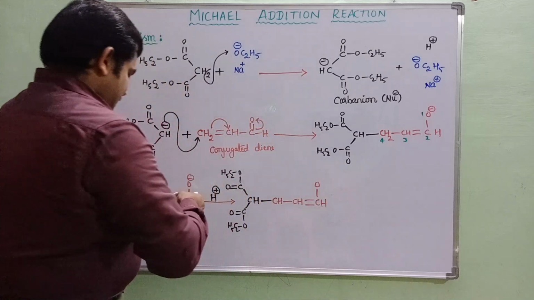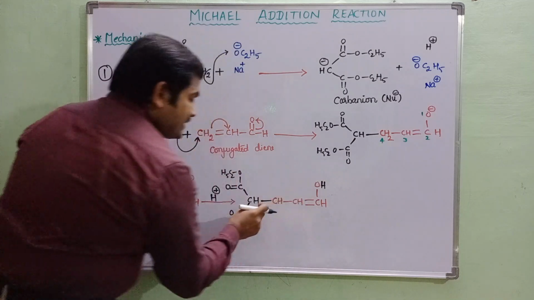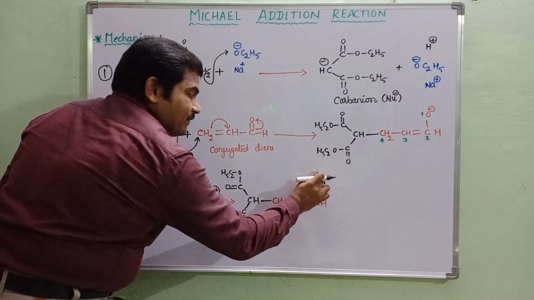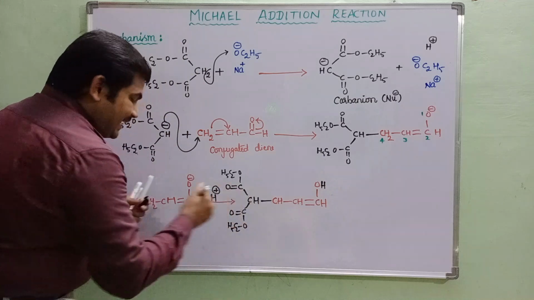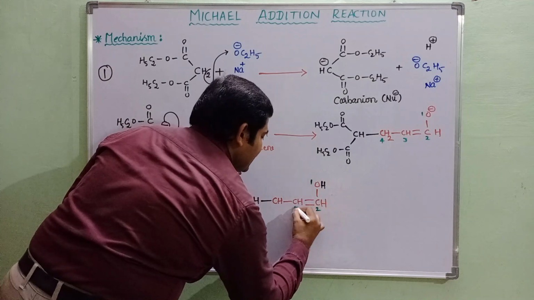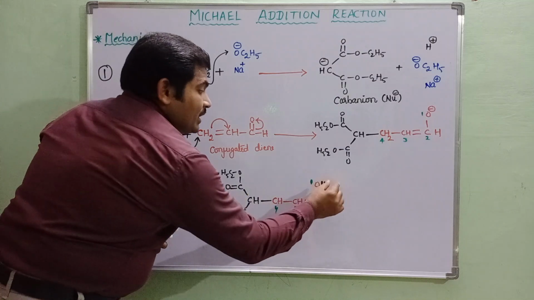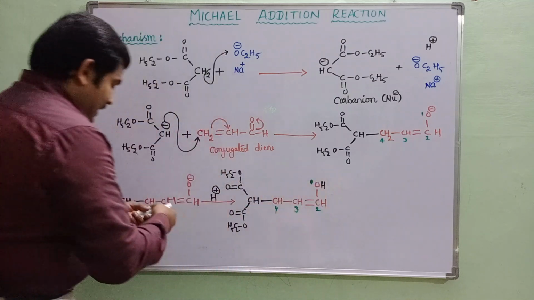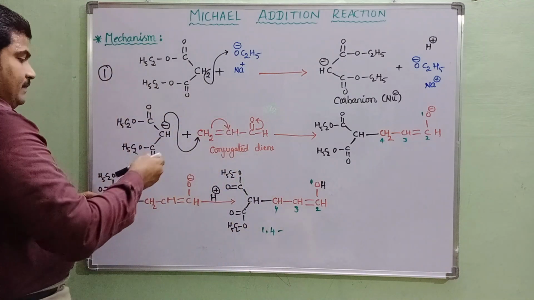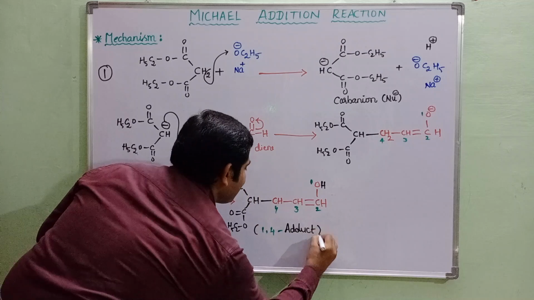O H. Which atom is it? First atom. Which atom is it? Fourth atom. So your reagent added, electrophile added at the first atom, nucleophile added at the fourth atom. It is the first atom of the conjugated diene system. This is the fourth atom of the conjugated diene system, added with nucleophile and electrophile. Hence it is called 1,4 adduct or addition product. Okay.